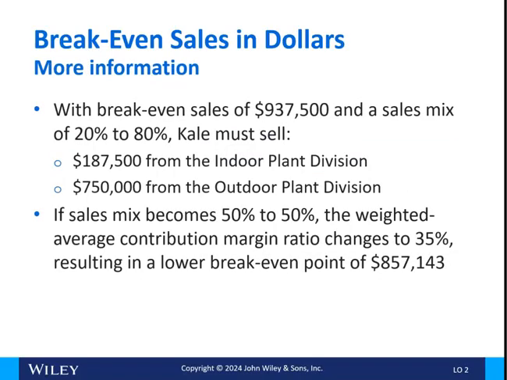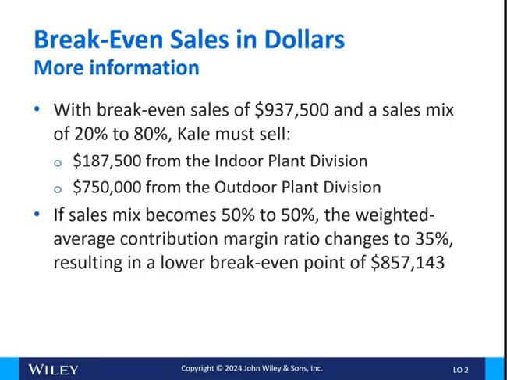So now that we know the break-even point in sales dollars, we know our sales mix, we know that we must sell $187,500 from the indoor plant division. We must sell $750,000 from the outdoor plant division. So we're just taking that total break-even sales and multiplying it by the sales mix percentages to get those breakouts.